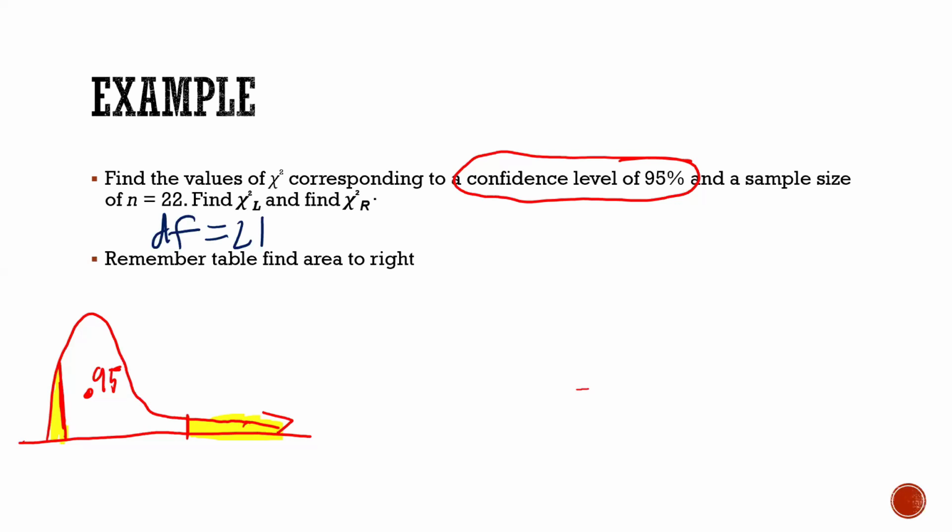Well, let's think about it. How much area is shaded yellow altogether? Does everyone get 0.05? Because that's what's remaining, right? All right.